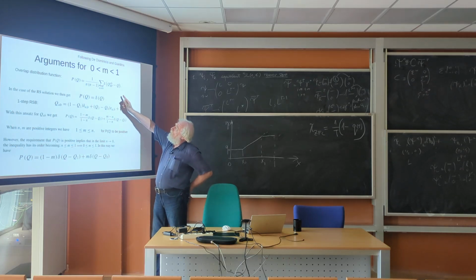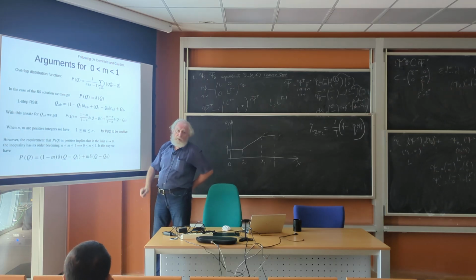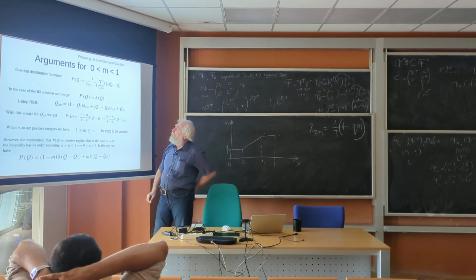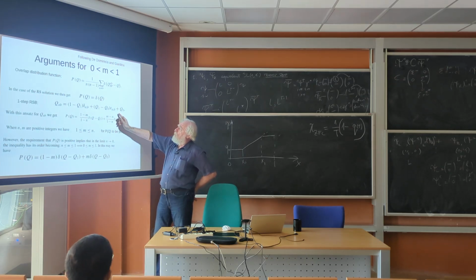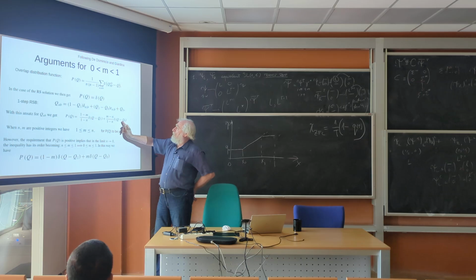This is the overlap distribution function. Now, for the replica symmetric solution, it is trivial. It is just a delta function with some q. One-step replica symmetry breaking: it is the sum of terms. What are these terms? One is q delta function of q minus q1. Another is q minus q0.